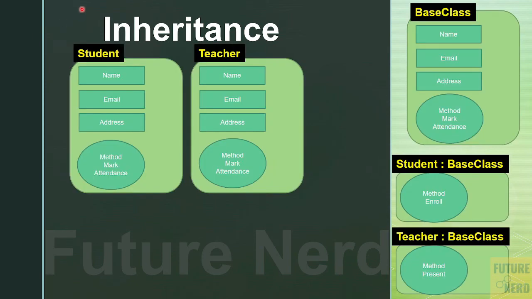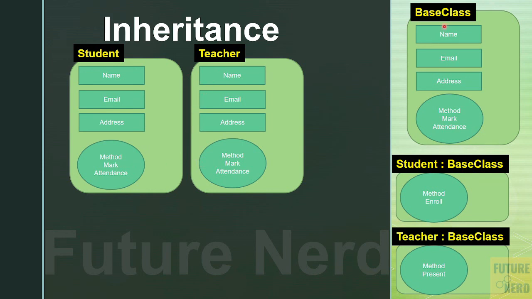Let's say you have a student and a teacher. The student has name, email, address, and can mark attendance on the attendance machine, and the teacher also has name, email, and address, and also marks attendance on the machine. So why are we using these duplicate properties and methods?